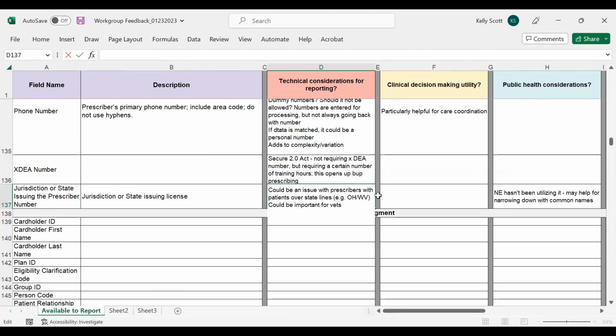And so to the point of veterinary medicine, that's important to know on the dispensing piece, but I'm not sure we want to get too bogged down in that just yet, because it's a policy question that's come up before, and it's a really good point. But for now we can note it as a parking lot item in the notes here, and we'll come back to it as we get towards the end. But great point, and thank you for raising that.